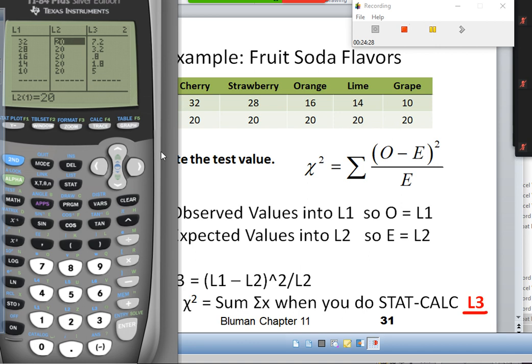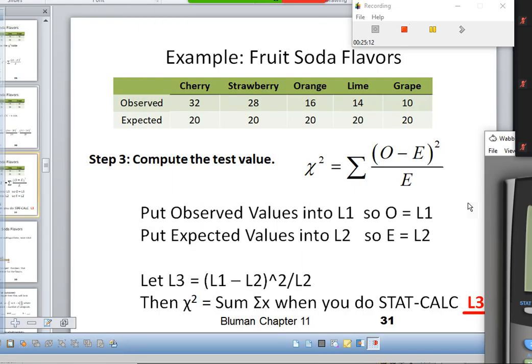Now I'm going to clear this. What I want is observed minus expected, squared, divided by my expected. My observed are L1, so I'll put L1 in here.